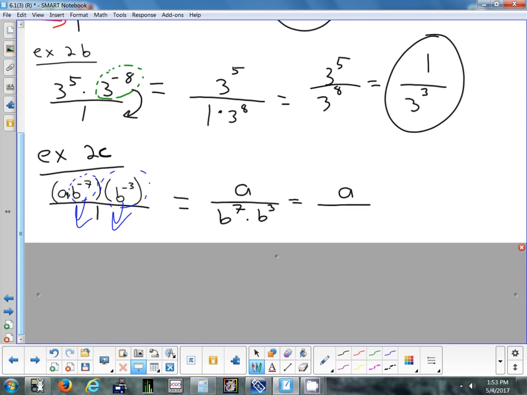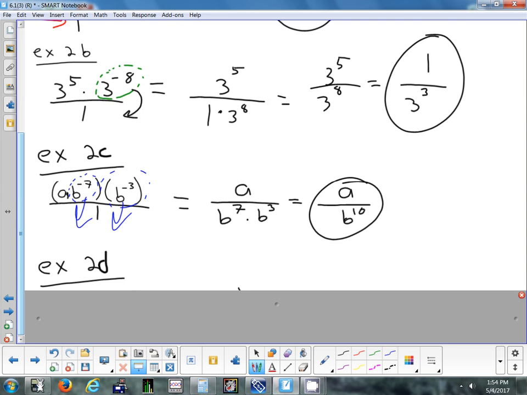How about in the bottom? Multiplying same base. What do you do with your exponents? B to the 10th. Now because this one doesn't involve numbers, there's nothing else you could do. Okay, 3 to the 3rd, you could type that in on your calculator. B to the 10th, you can't. It's letters. So you stop there. Any questions on 2C?